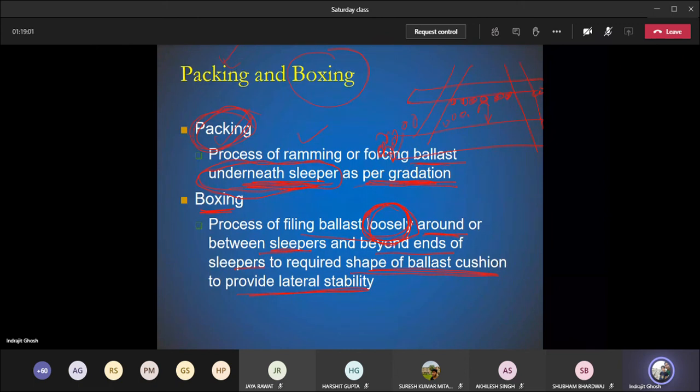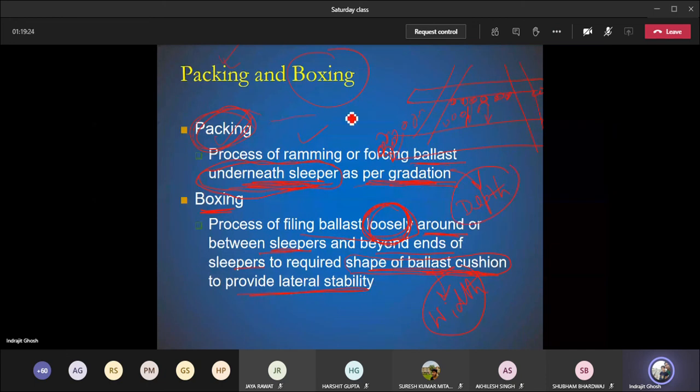So boxing is the process of filling ballast loosely around, between and at the ends of slippers to provide the shape of the ballast cushion. Now what does it mean by shape of the ballast cushion? Here we are trying to say the width of the ballast cushion. Here actually we are trying to say the depth of the ballast cushion.